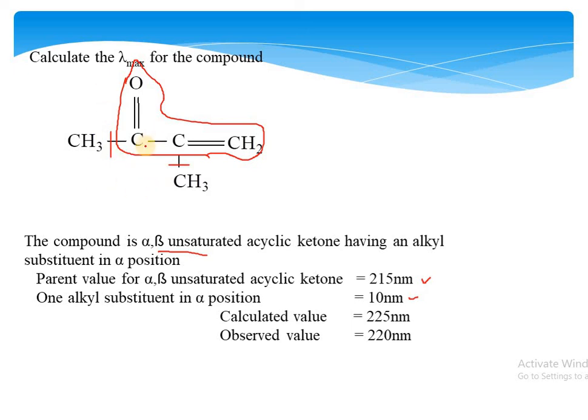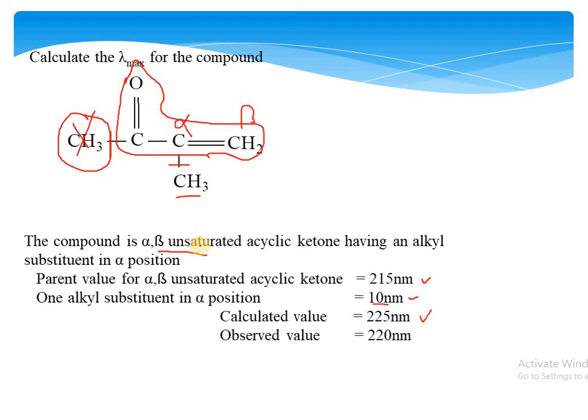In this case, this carbon is alpha and this carbon is beta, so we will only see the groups attached to alpha, beta or gamma positions if any, or delta positions if any. The methyl group is not present in any of these positions, so this will not be considered in the addition of values. So only the alkyl group at the alpha position is added, 10 nanometer, so the total comes out to be 225 nanometer.